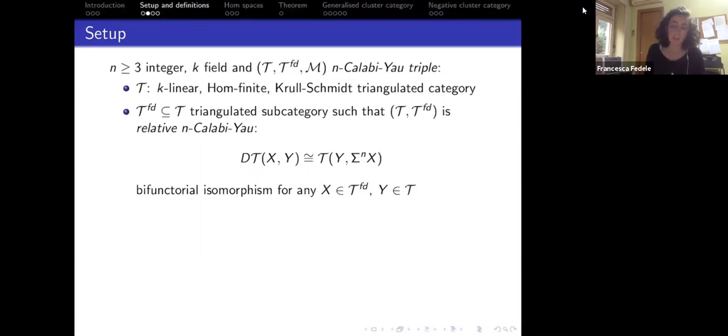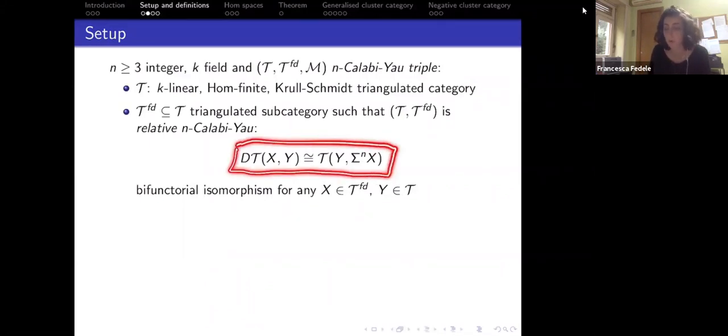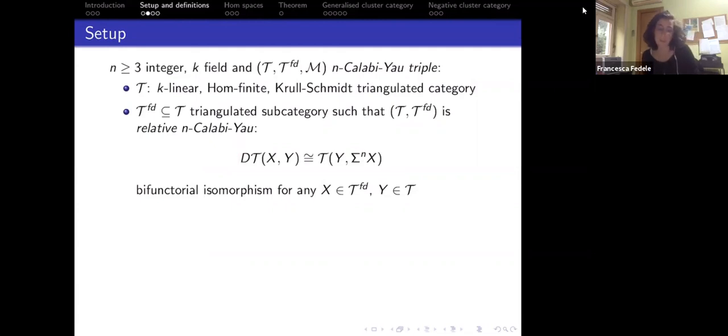A triangulated subcategory T_fd, such that T_fd is relative n-Calabi-Yau, which means, if this bifunctorial isomorphism were true for all of the objects in T, then we would say that T is n-Calabi-Yau. Instead, we're assuming something a bit weaker.